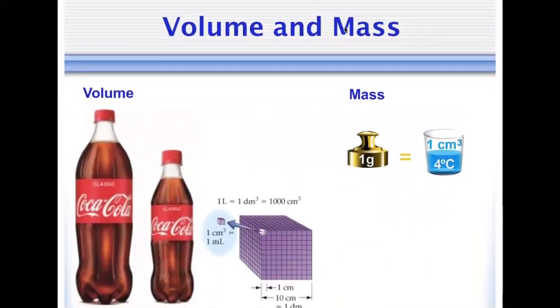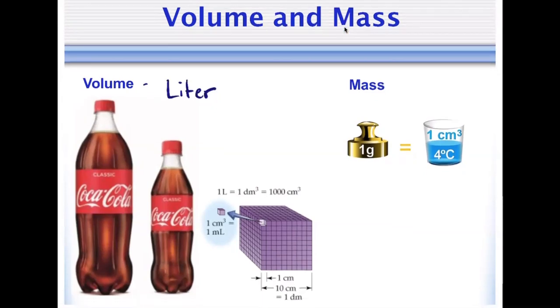Okay, volume in the metric system, it's not written here, is measured in liters. The liter is the basic unit for volume, but that is a derived unit. It actually comes from the decimeter, which is 1/10 of a meter cubed.